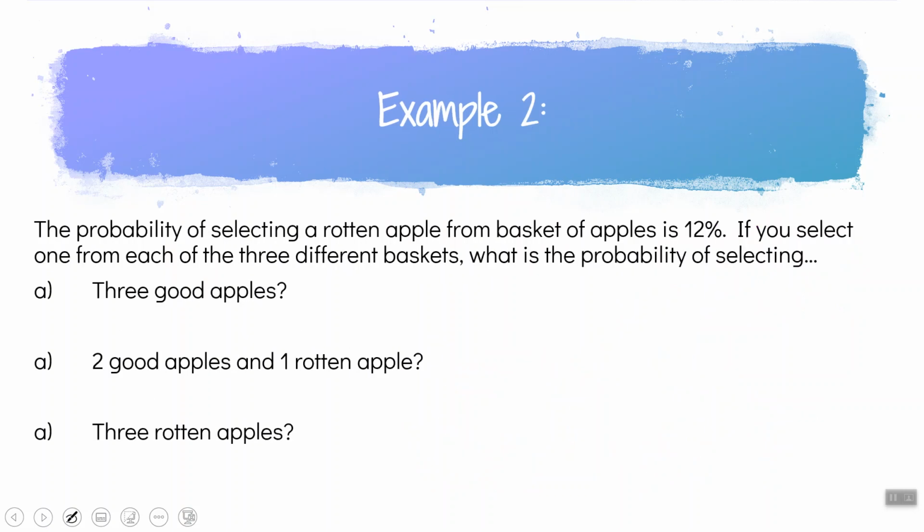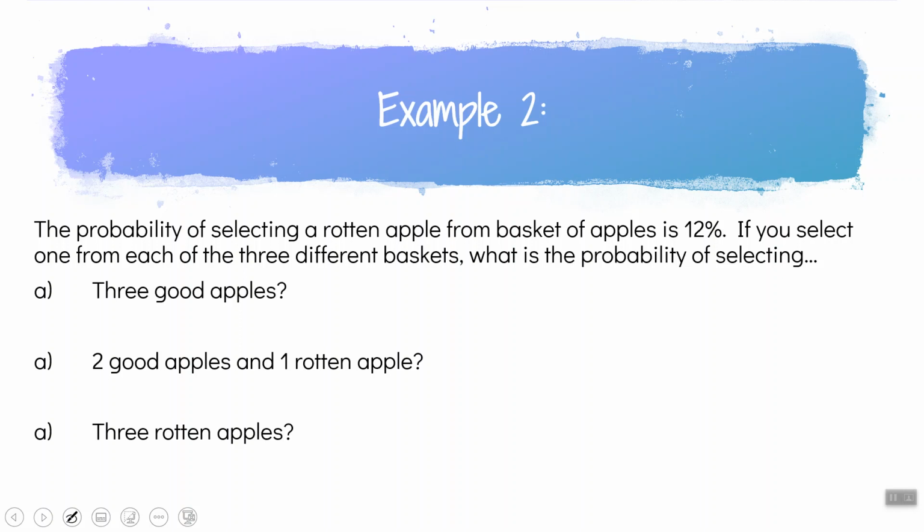Example 2. The probability of selecting a rotten apple from a basket is 12%. I think that seems a little high, but that's the odds in this scenario. If you select one from each of the 3 different baskets, what is the probability of selecting 3 good apples?